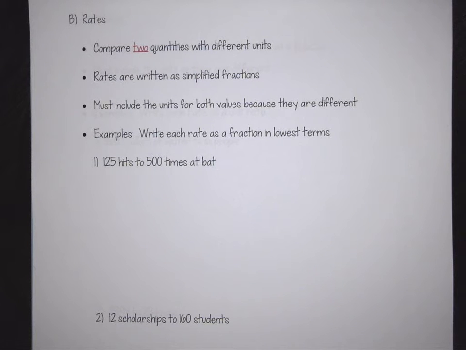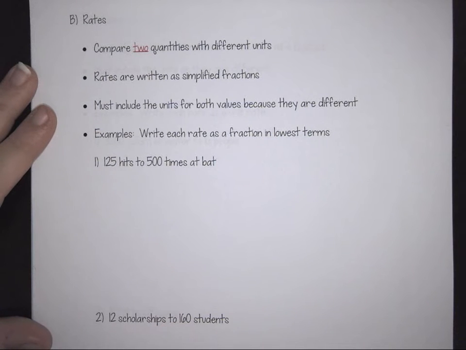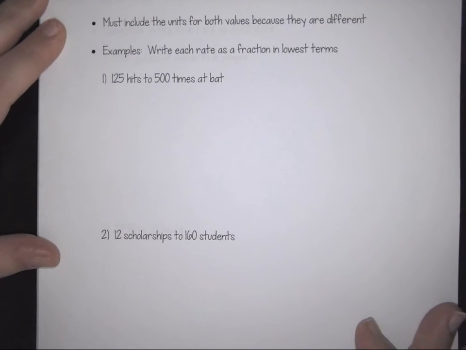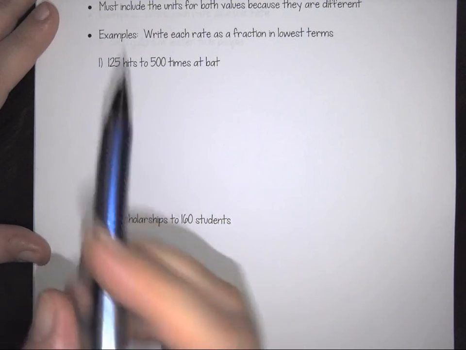So here we're going to look at a couple examples where we are going to reduce our rate, but our units stay the same. So the first one, we have 125 hits to 500 times at bat. To do that, again, we're still going to use the same rule that we used with ratio, that the first one written is the numerator.